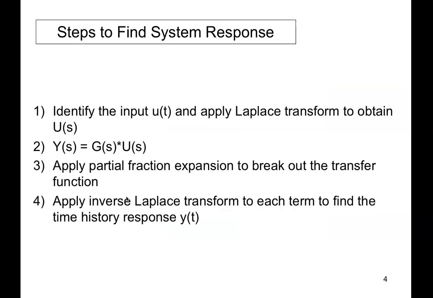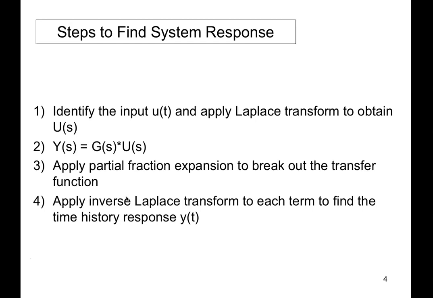First of all, we find the transfer function of the system, and then we examine what the input is. What's the input in the time domain? u(t). And I'm going to apply Laplace transform to the input signal to give me U(s).